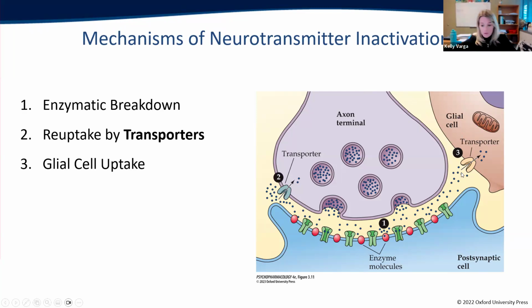They're always sort of hanging around as sort of the referee. What's going on? Let me make sure. So again, 3 different ways. Enzymes, vacuum cleaners to suck up any extra and repackage them inside of the presynaptic terminal, or I can have my glia cells take them up via transporters as well.